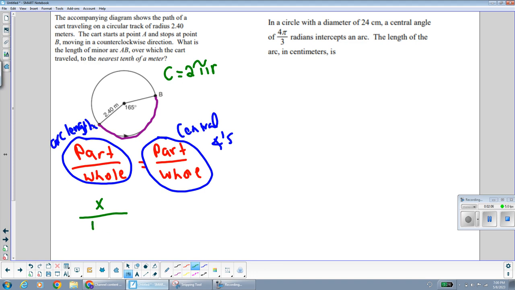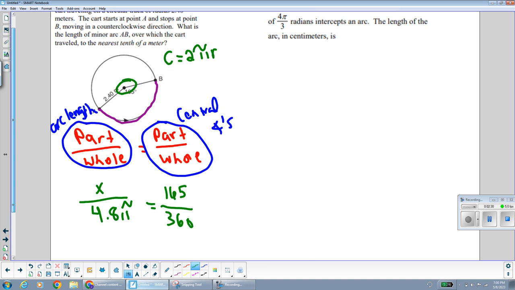So that would be 4.8 pi would be the circumference of this whole circle using the radius of the circle. The central angle of the slice of the circle that we're looking at is 165 degrees. And if we take all the central angles of a circle and add them together, they will add to 360 degrees. So from here, we have our proportion.